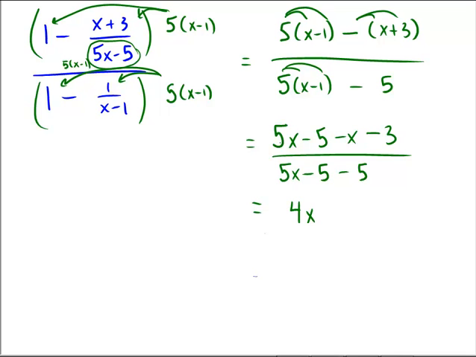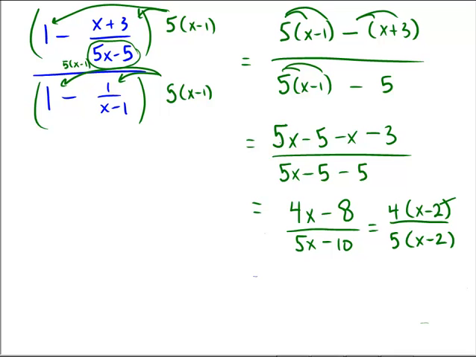Minus 5 minus 3 would be minus 8, over 5x minus 5 would be minus 10. Ooh, and I can see some common things I can pull out now. Looks like a 4 times an x minus a 2 over a 5 times an x minus 2. Ha, so isn't that wonderful? It looks like the final answer to this problem is actually 4/5.